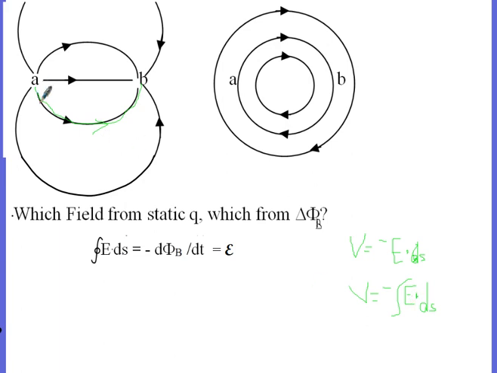And so if ds and E were in the same direction, then you would get a positive dot product, and that would mean that you were going to a lower voltage, that B was at a lower voltage than A. And then if you continued your trip and went back to A, going in that direction, here you would be going contrary to the field.